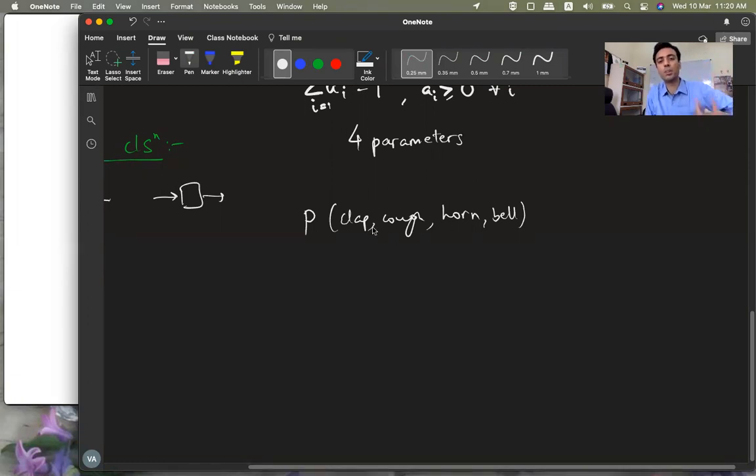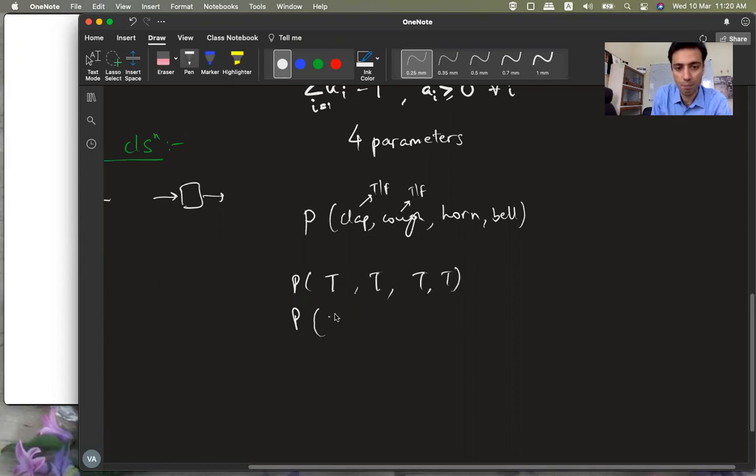This is a discrete distribution, right? Each one can take values true or false. So how many possibilities? Probability of clap is true, cuff is true, horn is true, bell is true.